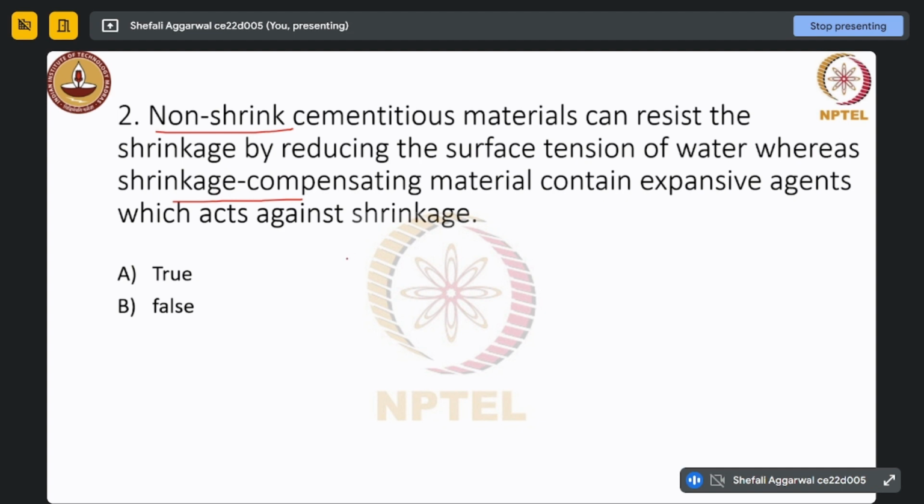The water is being evaporated and the material will be shrinking. So these materials provide the expansive agent so that whatever shrinkage or compaction is happening in the material due to loss of water is compensated by this kind of material, which will provide the expansion to the concrete. Whereas non-shrink materials reduce the surface tension of water so that the water does not evaporate into the environment. So this statement is true.